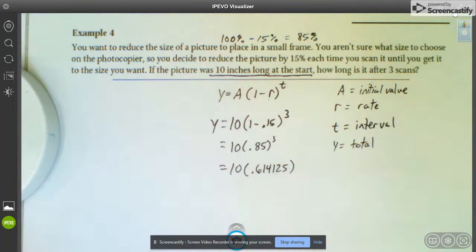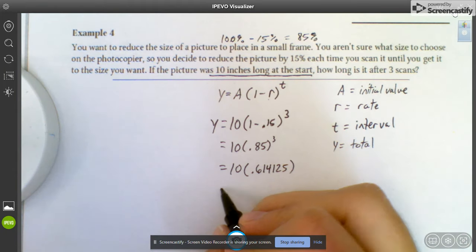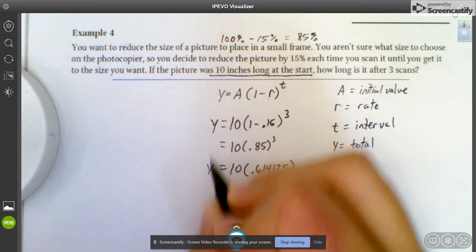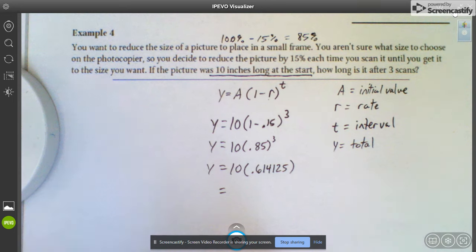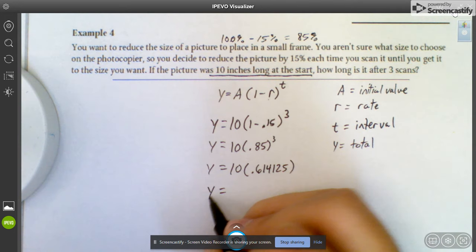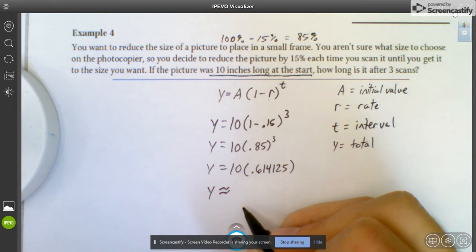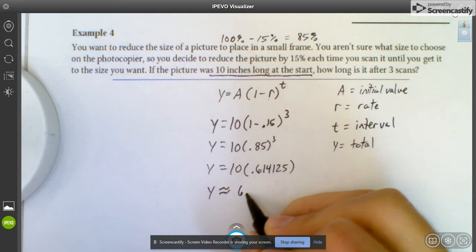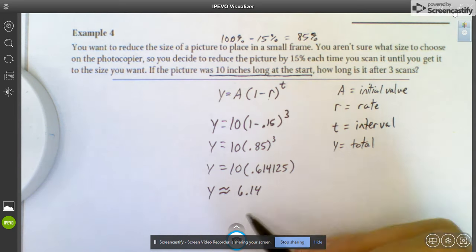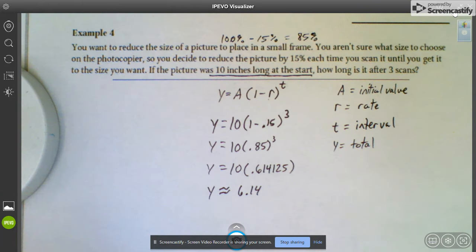Okay, again, I'm not rounding yet. I want to get my final answer before I try and round to be as consistent as possible. All right, and then my final answer is y is approximately 6.14.